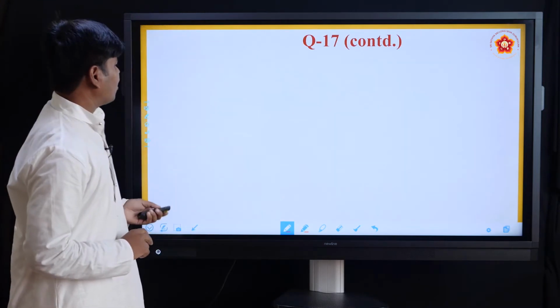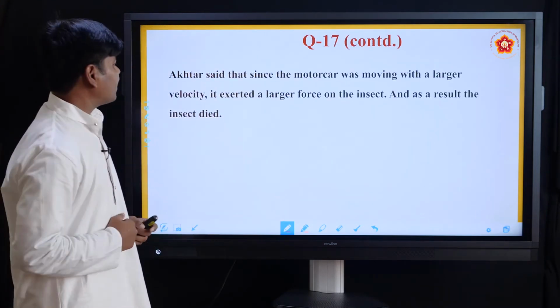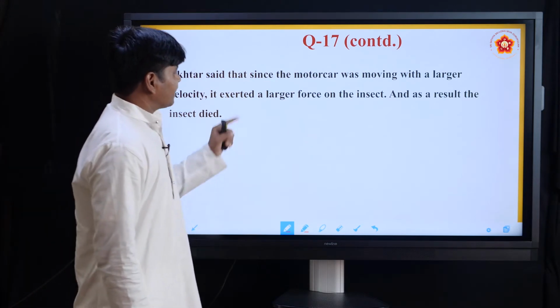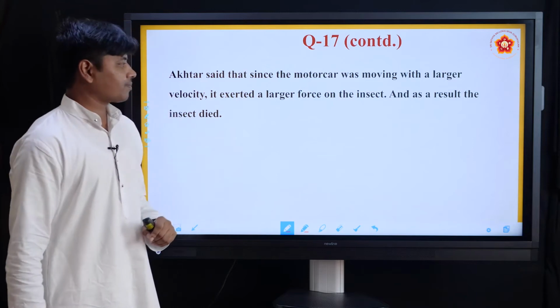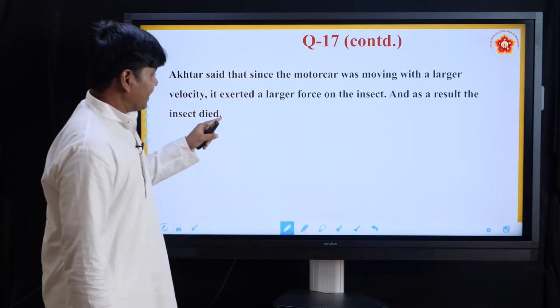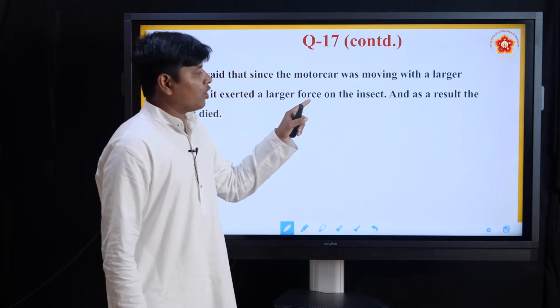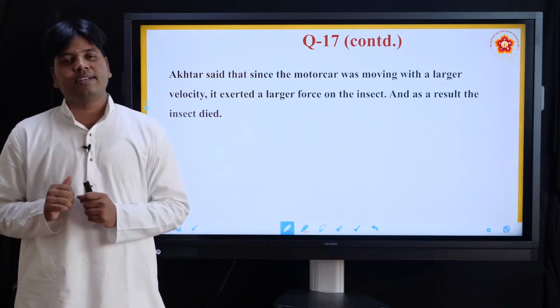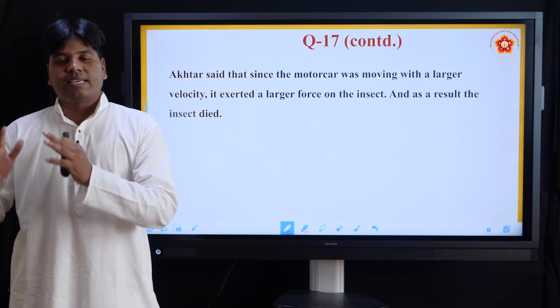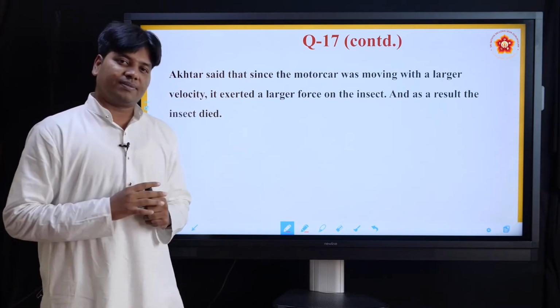Now Akhtar also has his say. Akhtar said that since the motor car was moving with larger velocity, it exerted a larger force on the insect. As compared to the insect, the motor car is moving with the larger velocity.